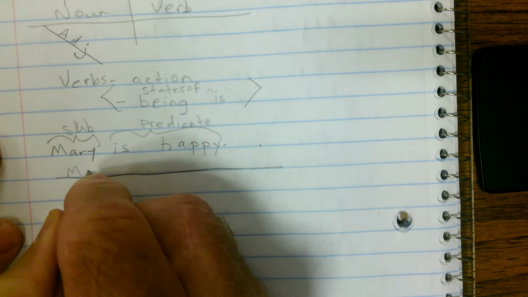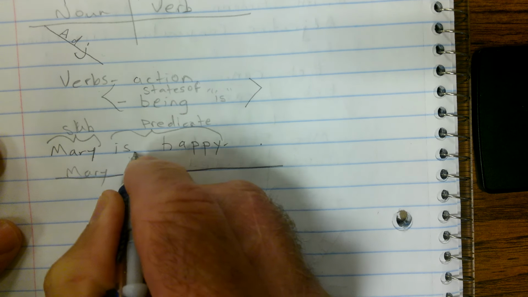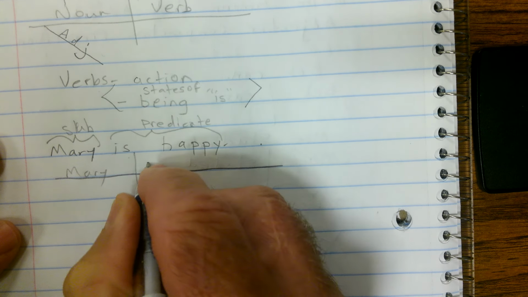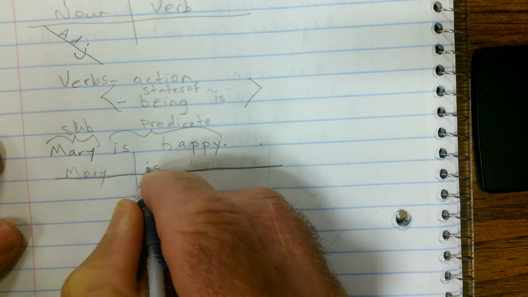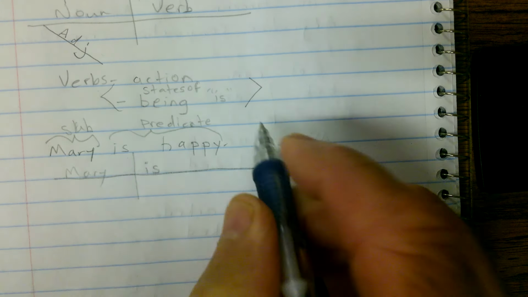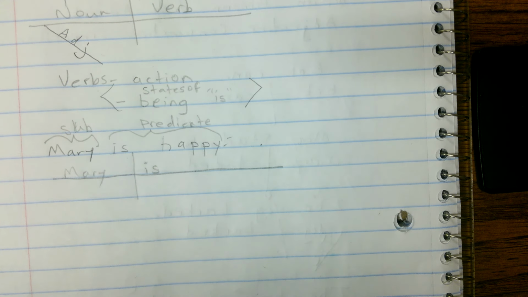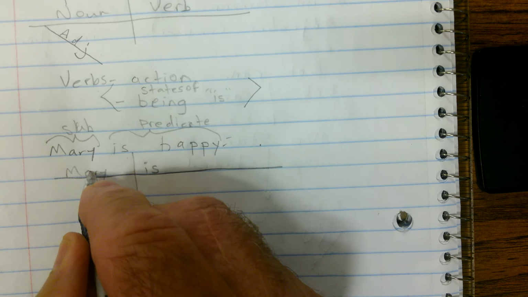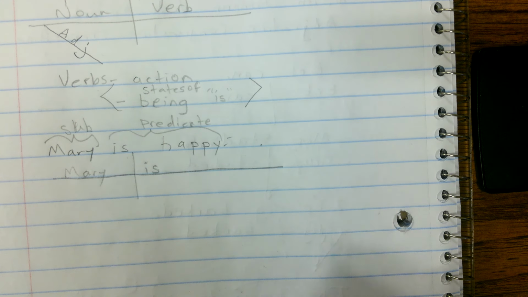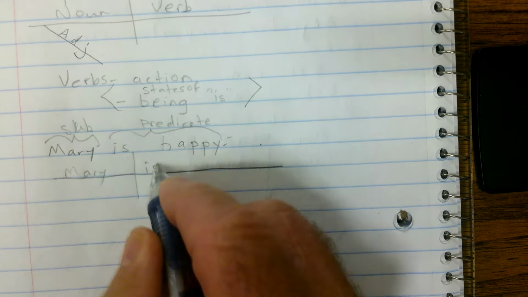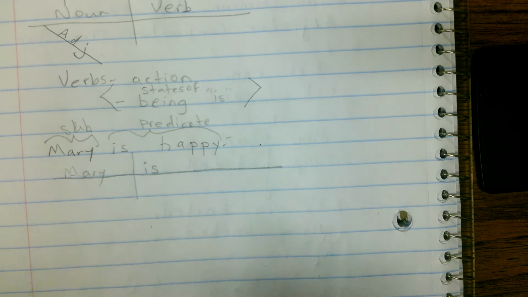So we write Mary, then we draw a line, is. Well, now happy is an adjective. It modifies Mary. However, we don't put it under Mary because it's not a direct modification.